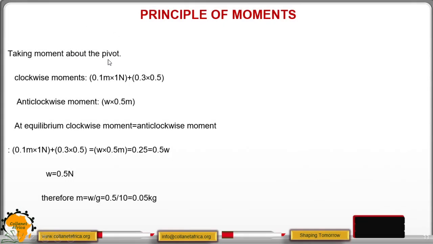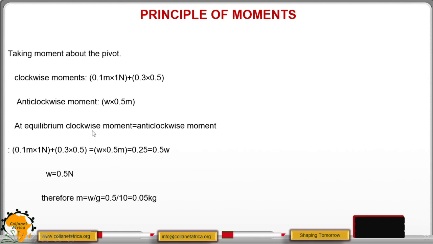We take moments about the pivot. The clockwise moment will be 0.1 meters times 1 newton plus 0.3 times 0.5, and the total anti-clockwise moment will be equal to the weight of the glass block multiplied by the distance from the pivot, which is 0.5 meters.